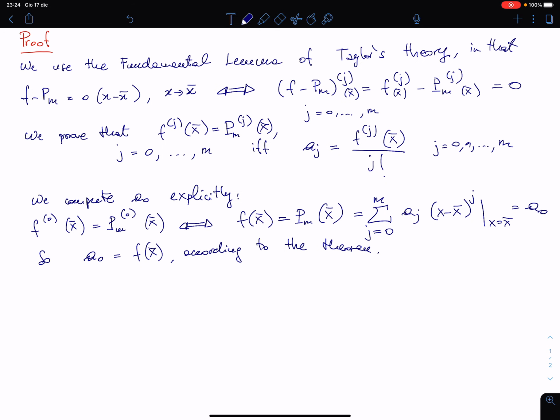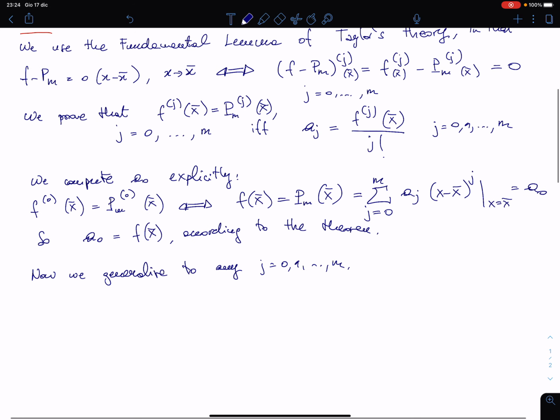Now we generalize the computation to any j from 0 to m. Okay. So we have that pm^(j), the jth derivative computed at x bar, is equal to the derivative of the sum.